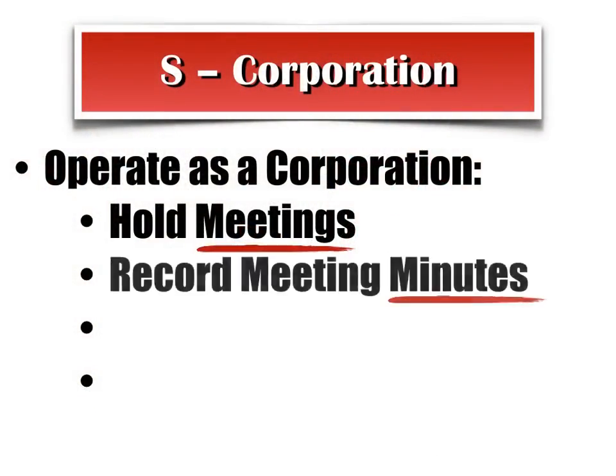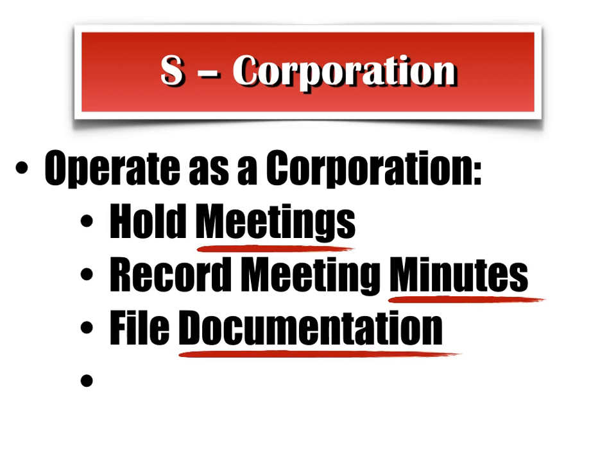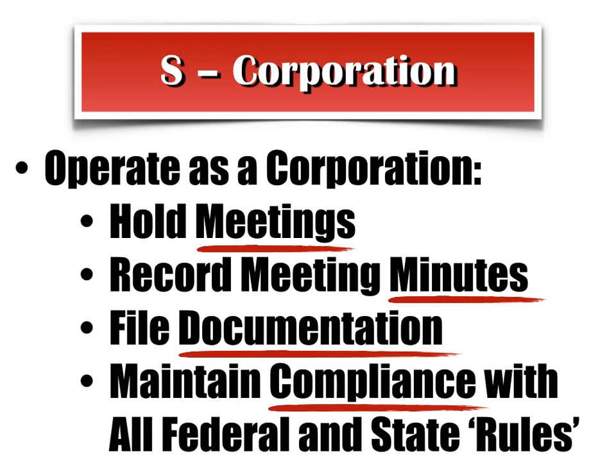But where and how you hold those meetings doesn't have to be all that bad. You're also going to need to record meeting minutes, notes, if you will, of what happened, what was said, and what was decided. You'll need to file documentation in a timely, accurate manner, and you'll need to maintain compliance with all federal and state rules applicable to your business and your state or states in operation.